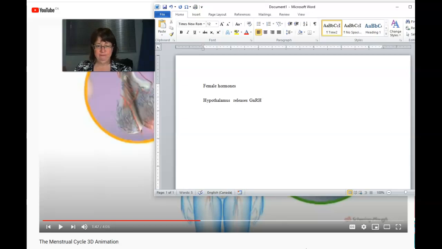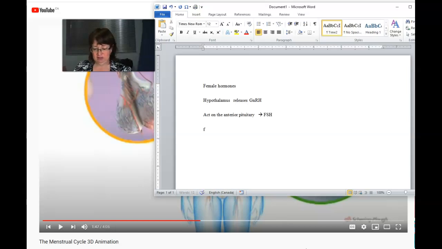Okay. The hypothalamus releases hormone, and that will act on the anterior pituitary. And the acting on the anterior pituitary will start with the release of follicle stimulating hormone.